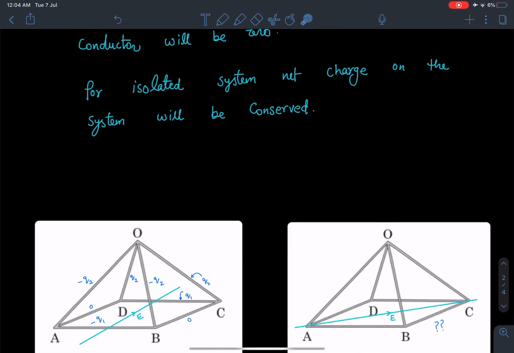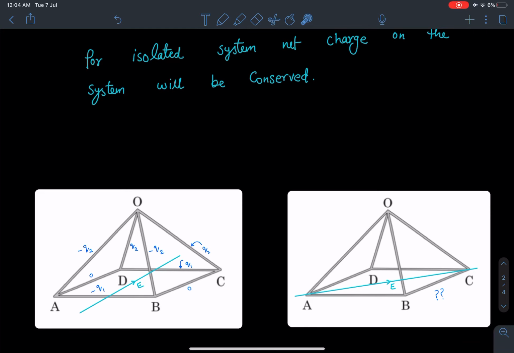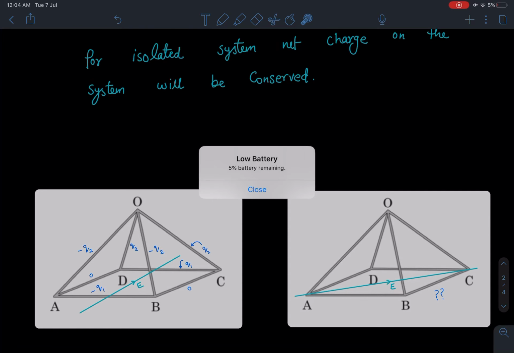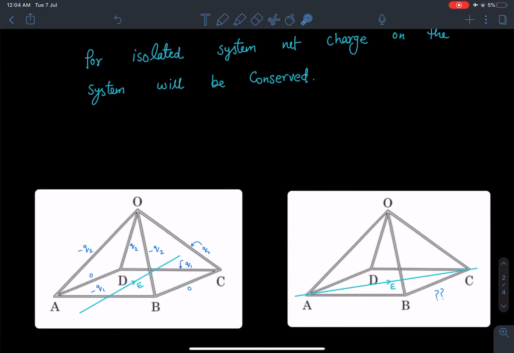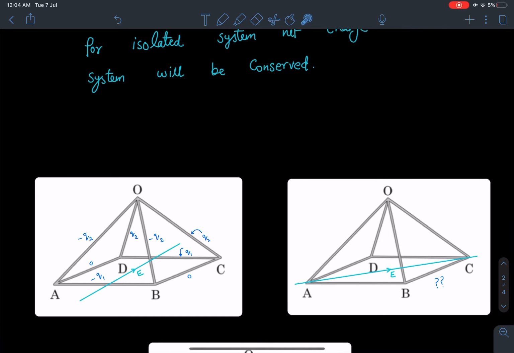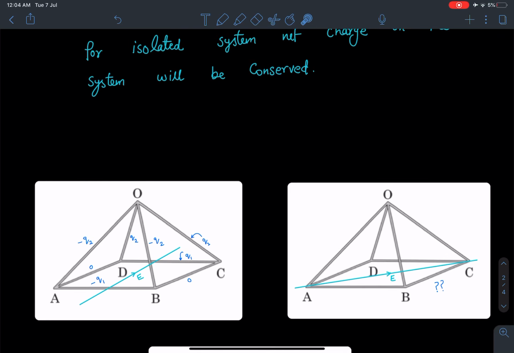So here is the first diagram. We'll try to solve this question in diagrams only, without using any major calculation here. Just simple addition, subtraction we will be doing in the end. So here, when this field is along AD, the charges which are appearing on rod CD and OC are given as Q1 and Q2.